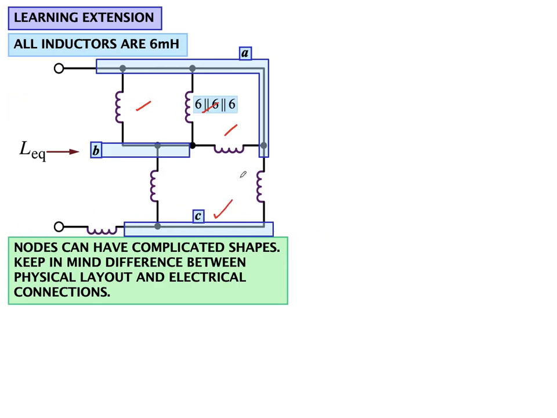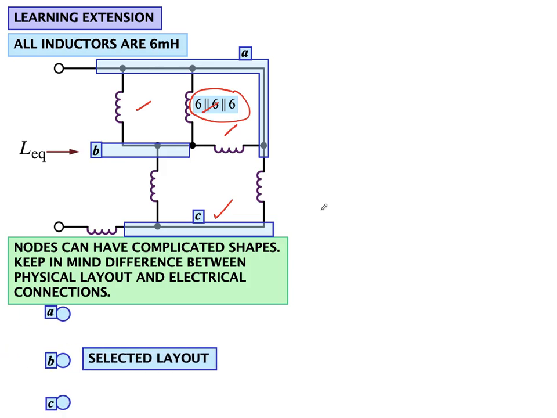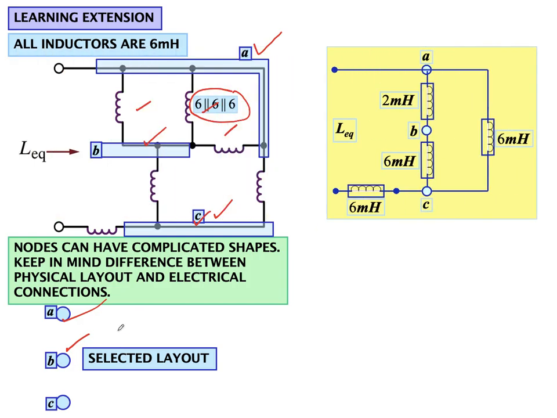We can find the equivalent inductance by taking the parallel combination of these three inductors and then redraw the circuit. So this node A will be defined here, this node B will be this one, and node C will be this one. You place all the inductances between these nodes, and you will end up with this expression in this graph. Here you can see these two are in series, so you simply add them.